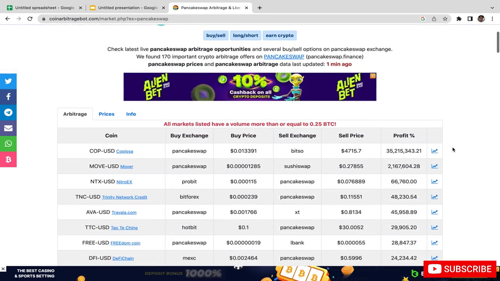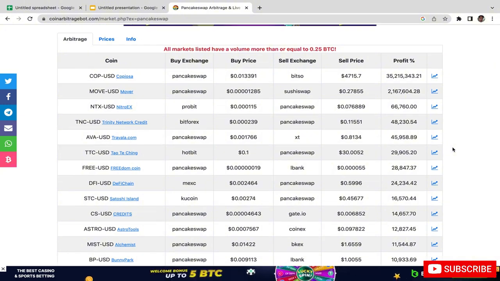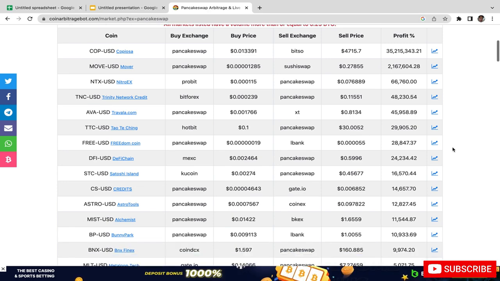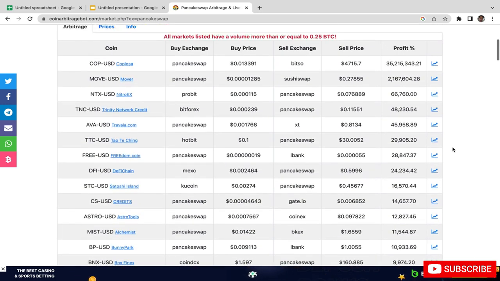Okay, unfortunately, compared to the previous two websites, coin arbitrage bot doesn't have a very clean user interface, so it might be a little bit challenging for you to navigate through this website. So please be patient.